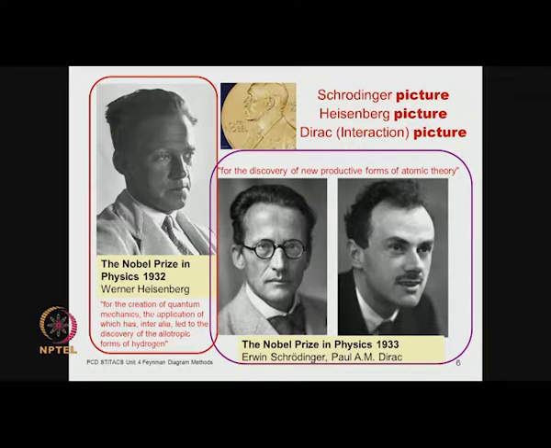The formalism of quantum theory which we most often make use of, and which we have used in our earlier courses, is the Schrodinger picture, but there are equivalent formulations in the so called Heisenberg picture and the Dirac picture, and in today's class I will revisit these pictures.